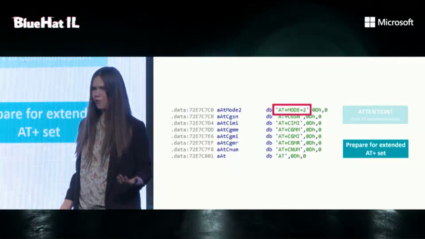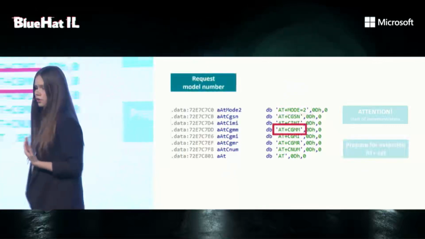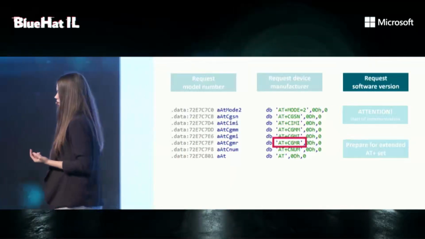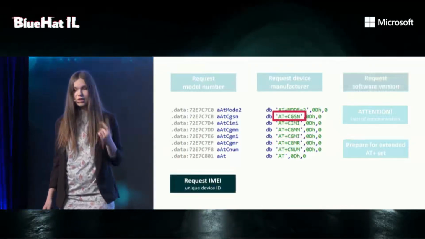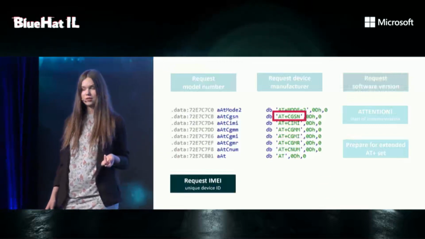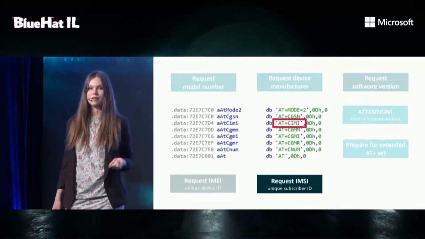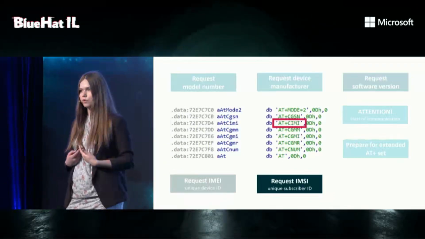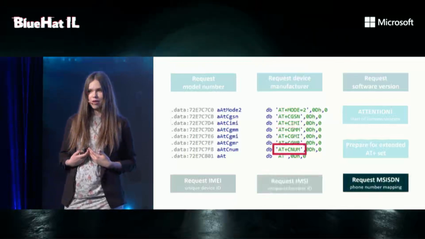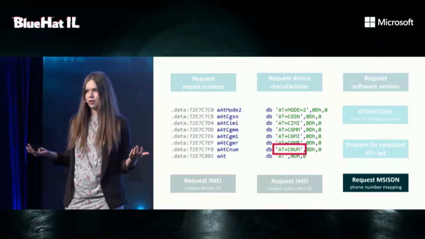And then there are more interesting commands, such as retrieving model number, device manufacturer, software version, and then the IMEI number, which is a unique identifier of the device, the IMSI number, which is a unique identifier of the device subscriber or the owner of the SIM card, and finally the IMSI SDN number, and that's the mapping between the owner identity and a telephone number.